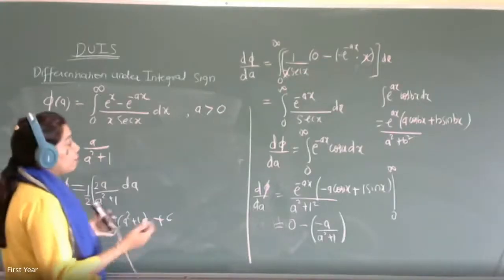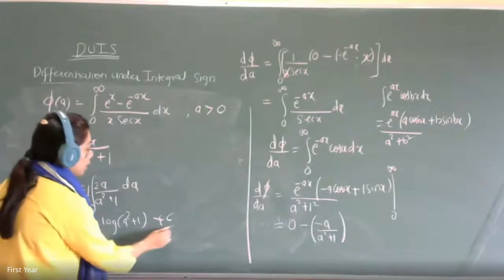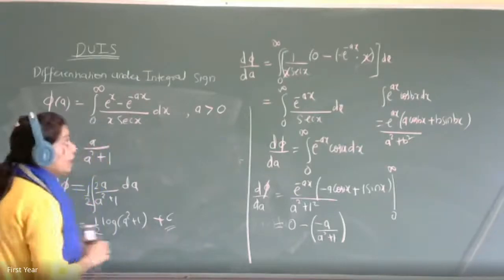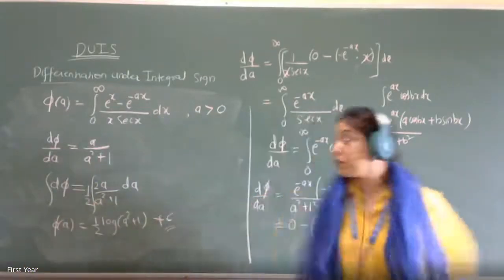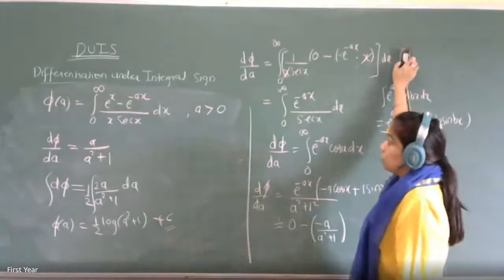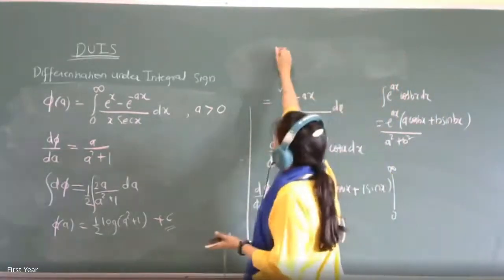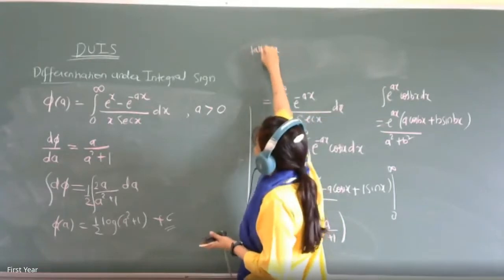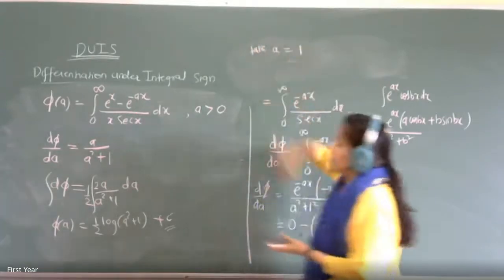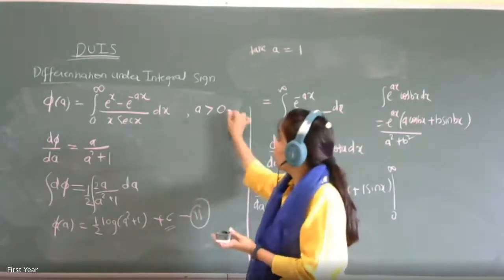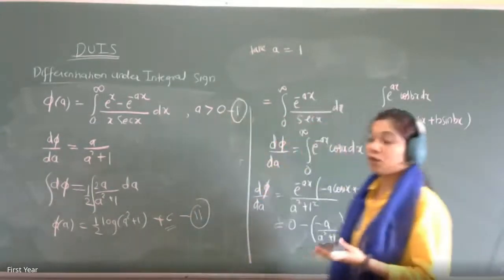I have to select some value of a which will help me get the value of c easily. So I'll take a equal to 1. I'll call this equation 2, and the given question is equation 1.